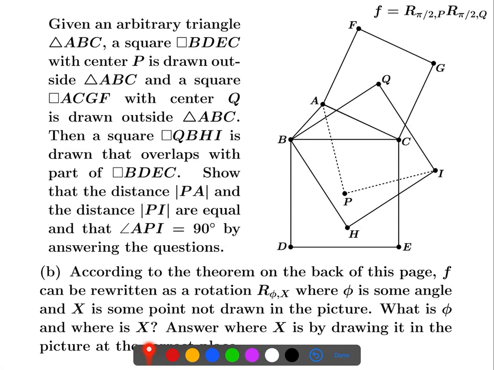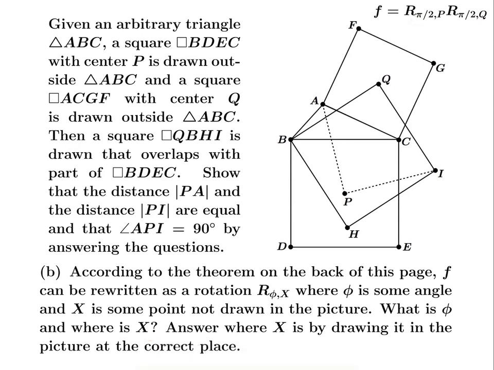So it's not 2 pi times some integer. So this is going to be a rotation around some point by pi. And so looking at the question down here, we see that the point x we still have to find, but the angle phi is pi. We're rotating around x, some x, by pi. And now the question is, where is x in this picture?